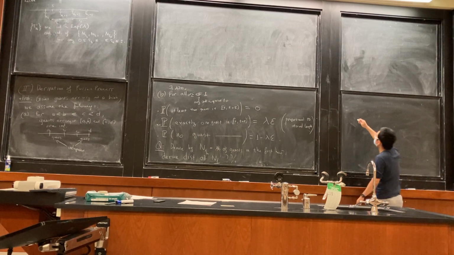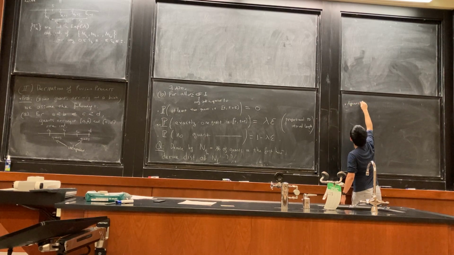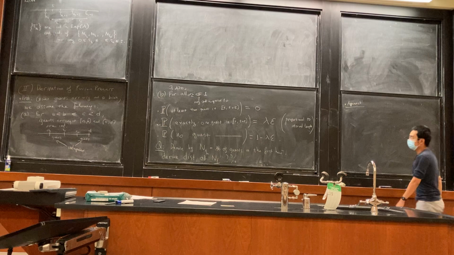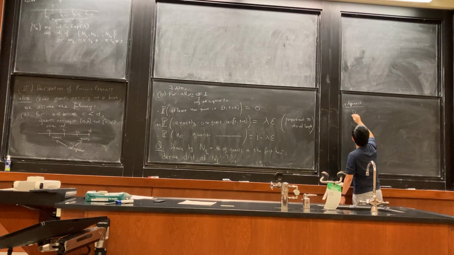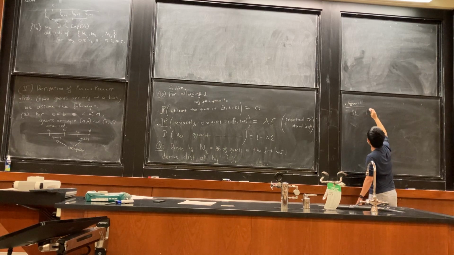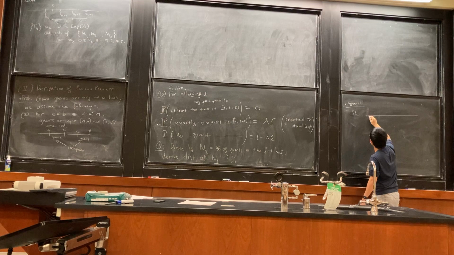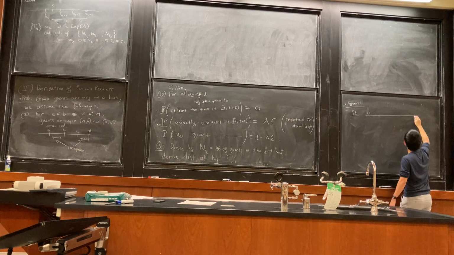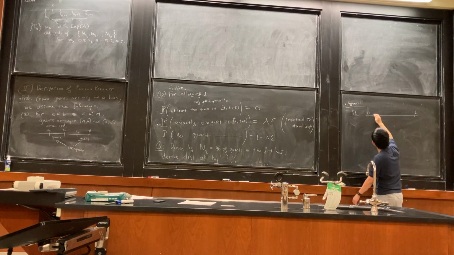Okay. So the approach here is the following. Step one: we're going to divide the first hour into very tiny disjoint intervals with equal length, let's say 1/n.